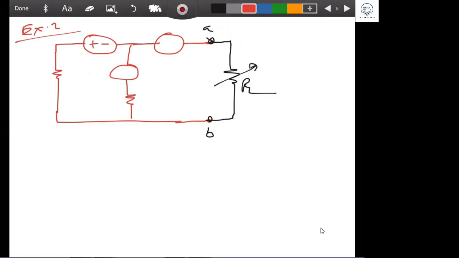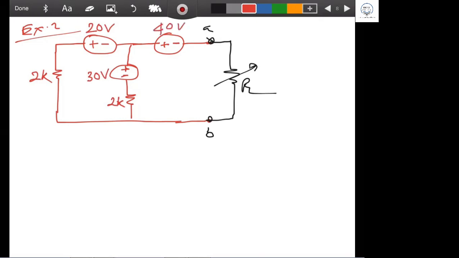This is your plus minus, and this is 2K. Now look, all of you. Shut off your microphone if you have any important job to do. This is your 2K, and this is your 2K as well. This one is 20 volt, this one is 30 volt, and this is 40 volt.